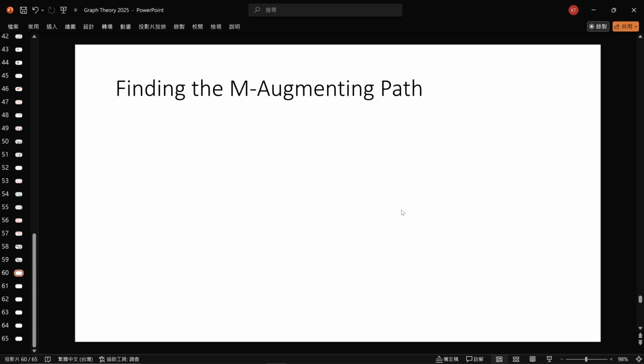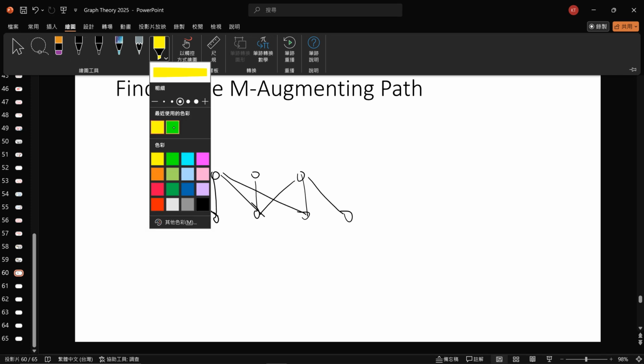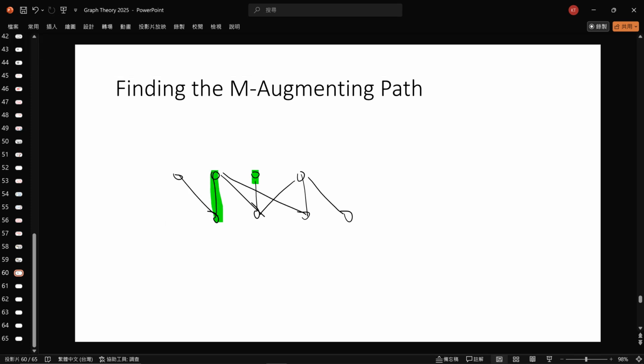Let me give you an example. This green matching is the matching you have, and you want to find an M augmenting path.